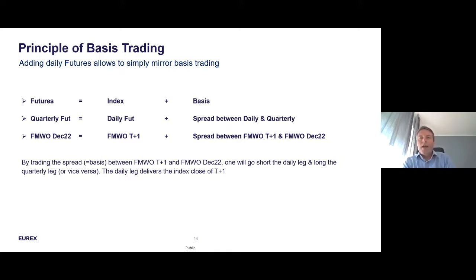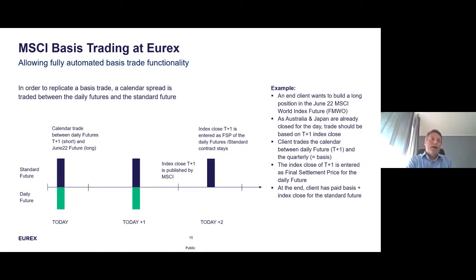On the next page you have a graphical example, and you see that you would go, for example, today short a daily future and long the standard future based on the index close of T+1.